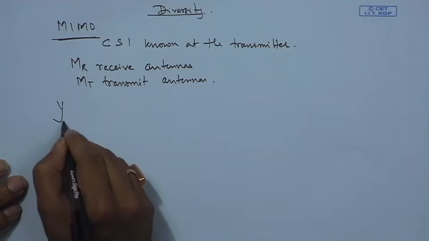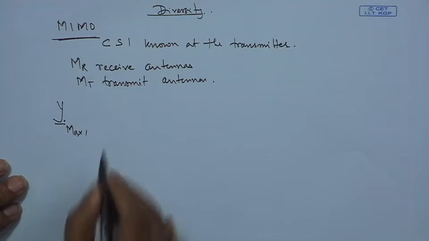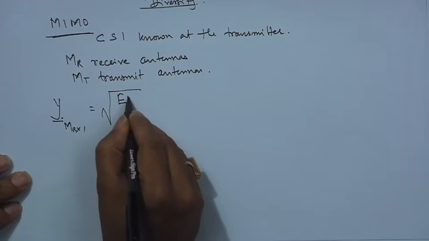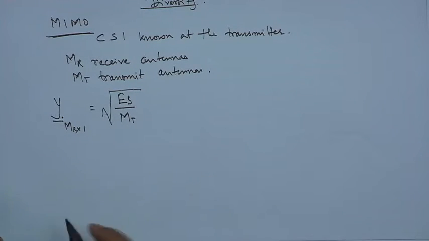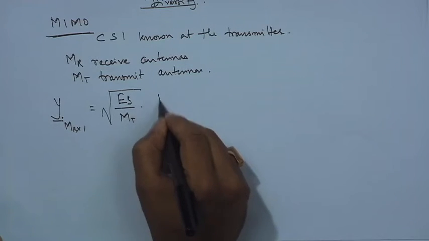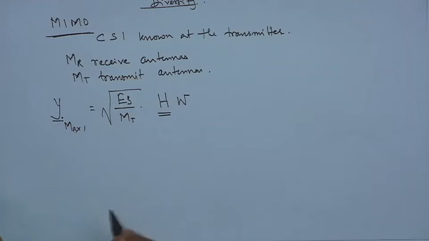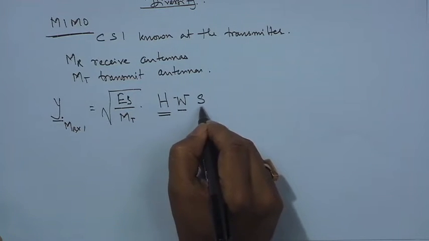We could write the expression of the received signal as the vector y, which is MR cross 1, equal to root over Es upon MT, that is, Es upon MT, times the H matrix, times the weight vector at the transmitter, times s, which is the signal.